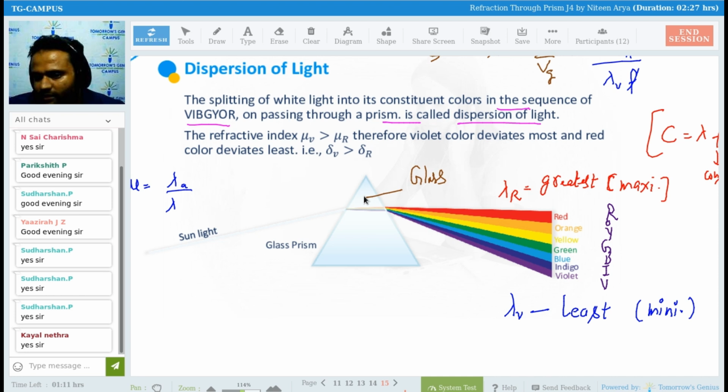Due to this, the violet color has the most refractive index for the same glass, and the red color is going to feel the least refractive index, for this reason. Okay, directly they can ask on what basis you can write this. Clear now? So on this basis we can write this.